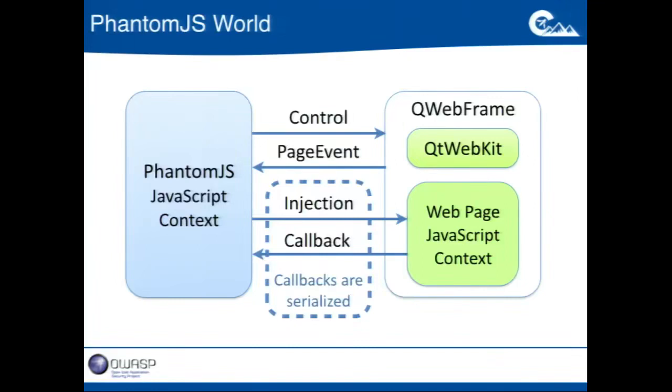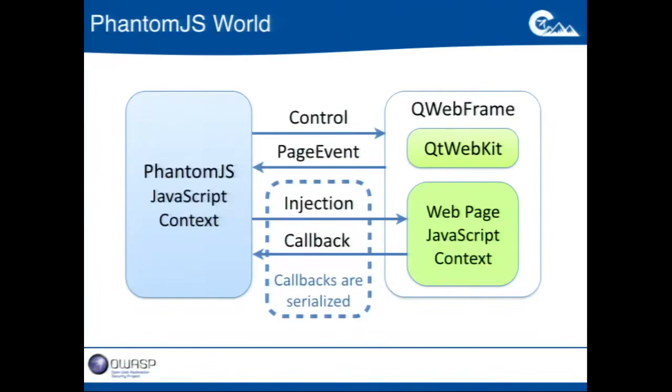This is how Phantom.js works. In Phantom.js, there are 2 different kinds of JavaScript contexts. Because Phantom.js is driven by JavaScript, it will have a Phantom.js JavaScript engine context directly initiated by Phantom.js. From that context, you can generate different pages, and each page will be a QWebFrame, which is part of the Qt WebKit widget. Inside the QWebFrame there is a Qt WebKit engine, and there is a web page JavaScript context.